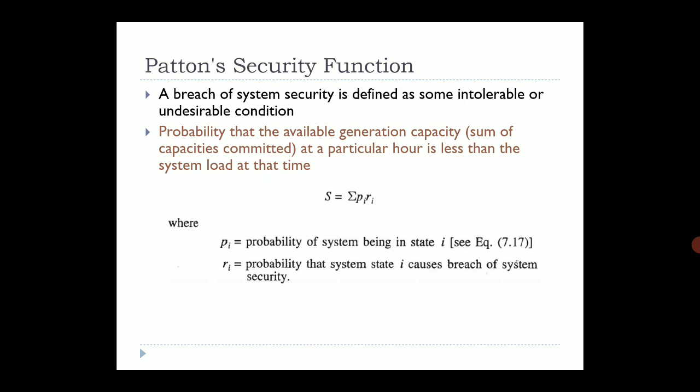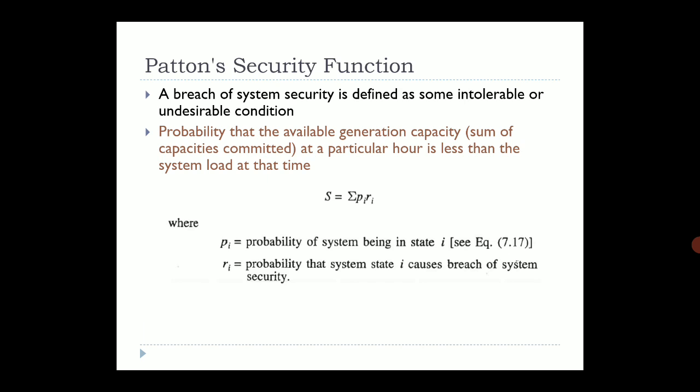It is nothing but the probability that the available generation capacity, that is the sum of the capacities committed together at a particular hour, is less than the system load at that time. So what is the probability that the amount of generation is less than the system load?